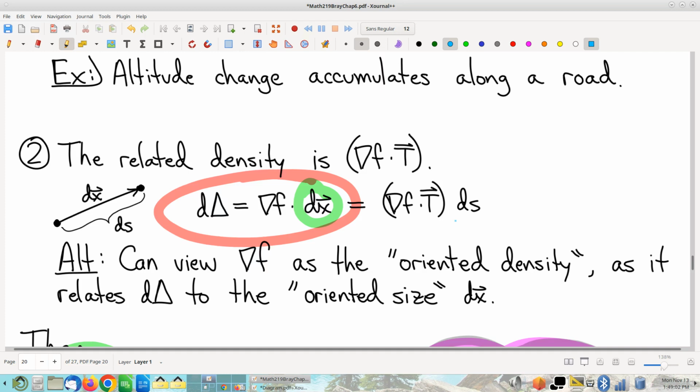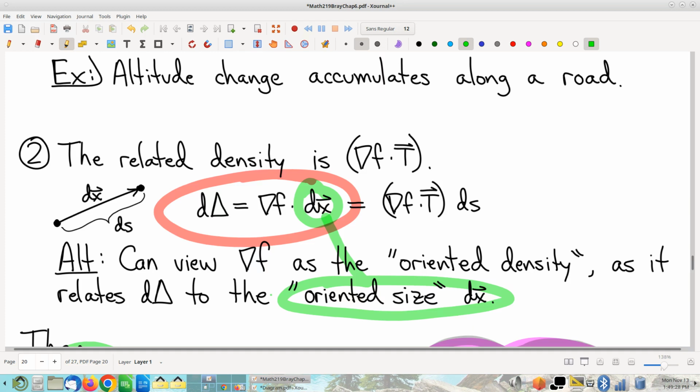So, a pretty reasonable point of view is to say, all right, well, look, I got my colors crossed here. This dx vector, it's not a scalar notion of size, but it's a vector that's telling you about size. So, I'm going to call this oriented size. You could call it vector size, I suppose. I like the idea of oriented.